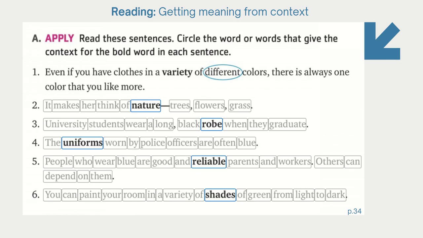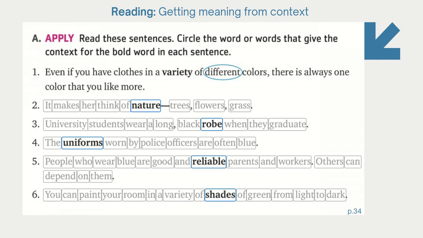Here, this is the exercise from the book. So now let's take a look at what context is. You can see the example which is done already in number 1. The unknown word is the bold word right here. See, there are variety, nature, rope, uniforms, reliable, and shades. Probably some words you already know the meaning or definition of, right?